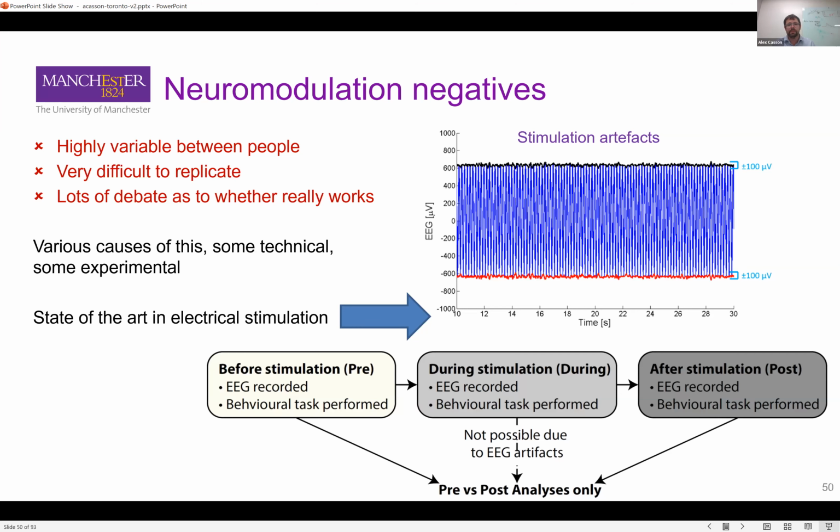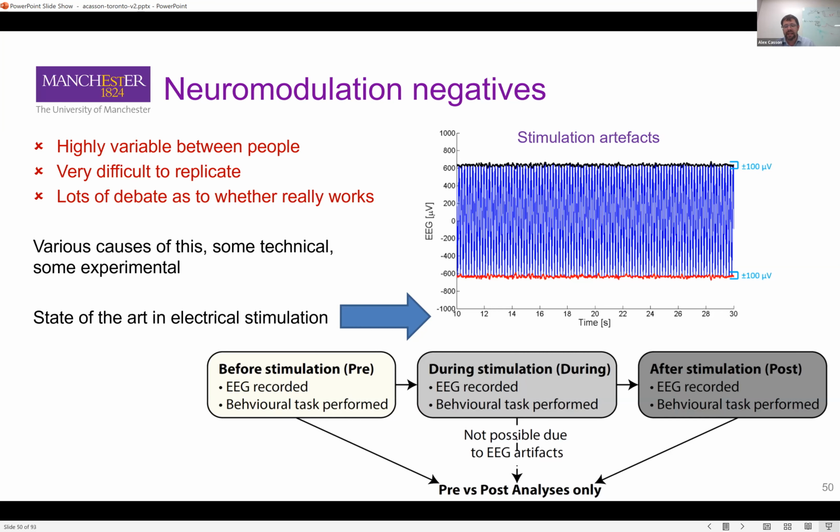I started off in this space by looking at electrical stimulation, principally AC, so transcranial alternating current stimulation, where you inject a sine wave of current. Of course, the key challenge there is that all you see is the artifact. With the EEG, you're measuring voltage, the electrical properties, and when you inject an electrical current, that's what you see.